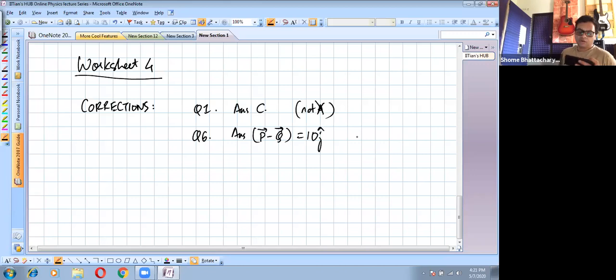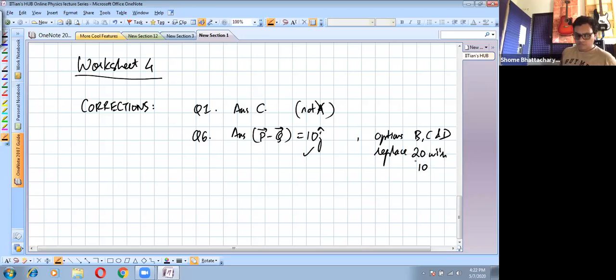So what you do is in all options B, C and D, actually all three, replace 20 with 10. Wherever you see that 20, replace it with 10. So if something is 20 root 3, replace it with 10 root 3 like that. And the correct answer of course will be this one, whereas at the back it is given as 20 j cap or the option C, which is wrong. Okay, so those are the only two corrections.